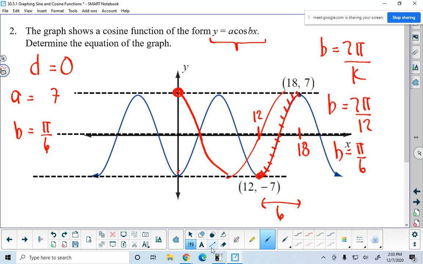But this graph starts at the bottom, which means that A is actually -7. So the equation of this function is y equals A, which is -7, cosine of B times x. And there's no shifts involved with this question.